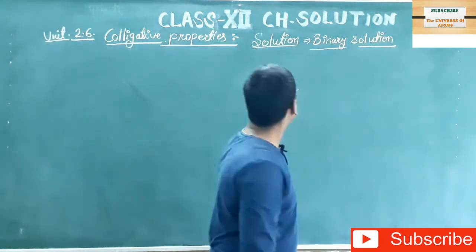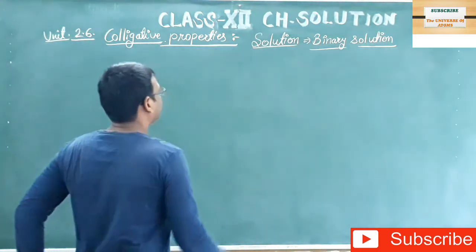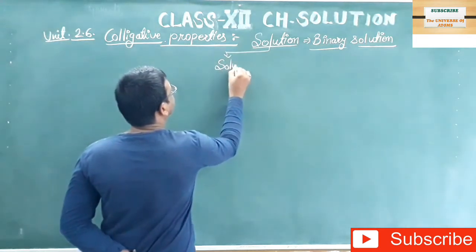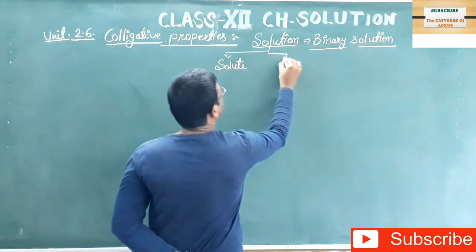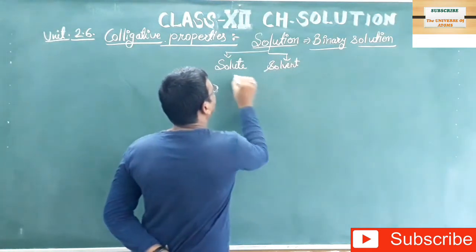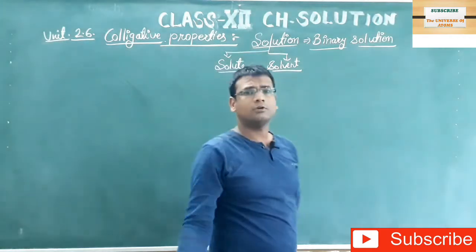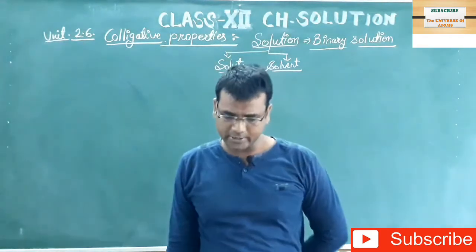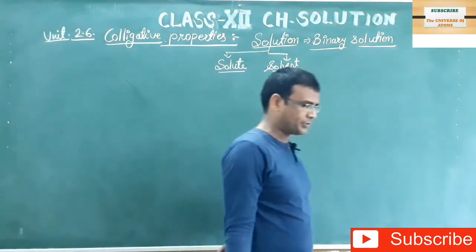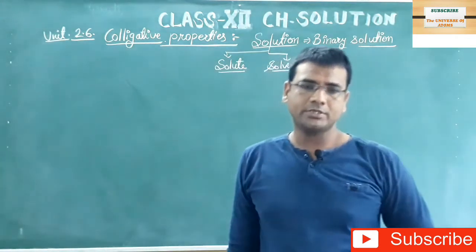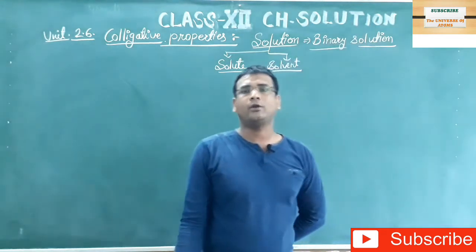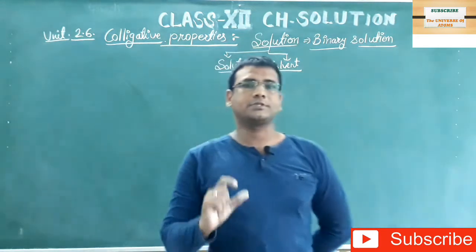Simply, a solution is made up of two components: one is solute and the second one is solvent. This is the basic idea about solutions which you know from class 9th. In the last unit, we discussed the volatile and non-volatile terms.